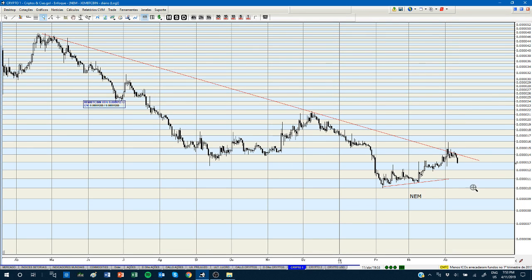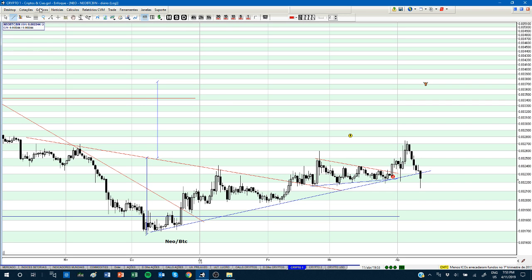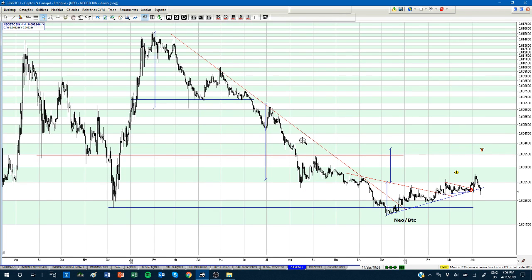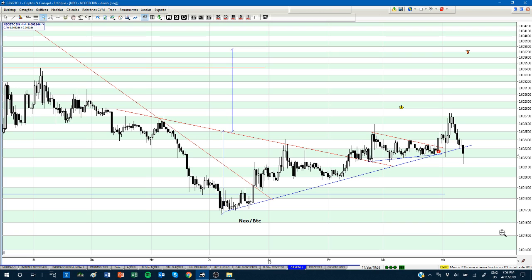NEM is bad. It touched the resistance level and is coming down. It just broke the support line here, this blue support line, a short-term support line. NEO. Ethereum concurrent.